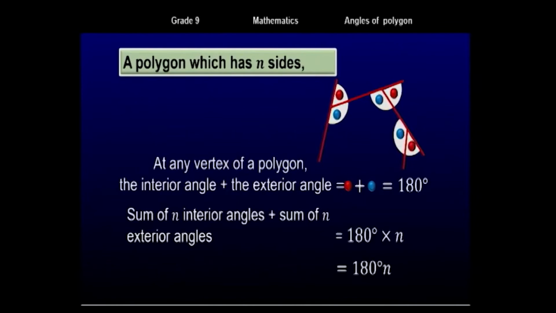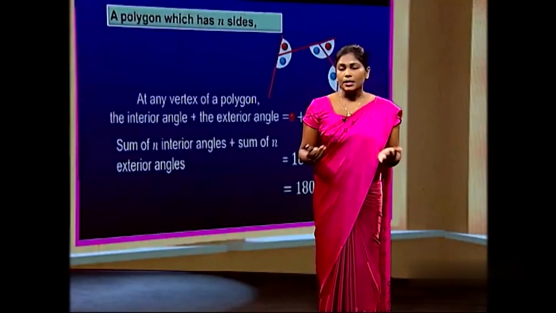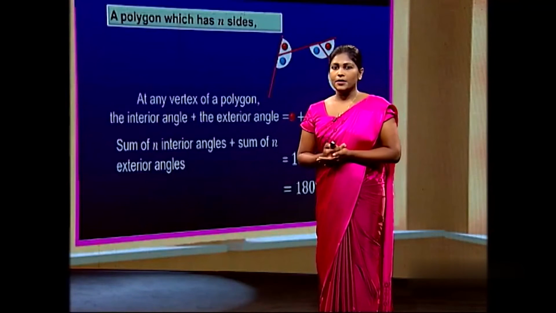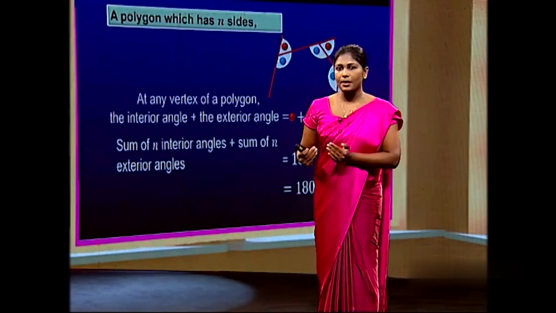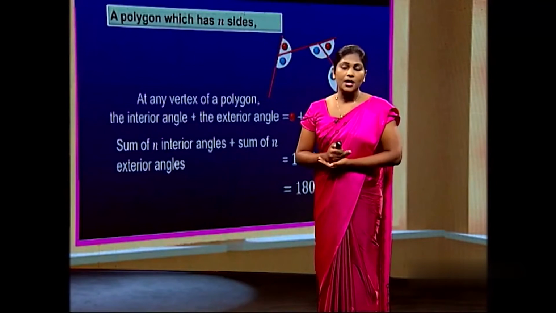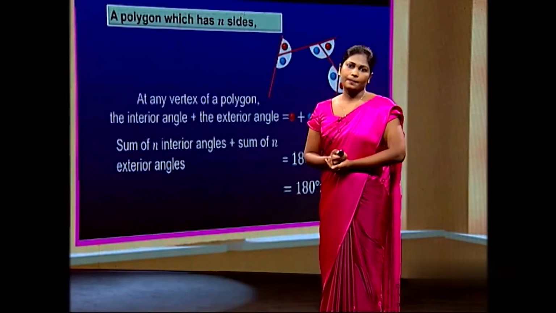Why? Because we consider the vertex of a polygon. So you know the interior plus exterior angle is 180. In here the number of sides is equal to n. So you have to multiply by n, then you can obtain 180 into n.